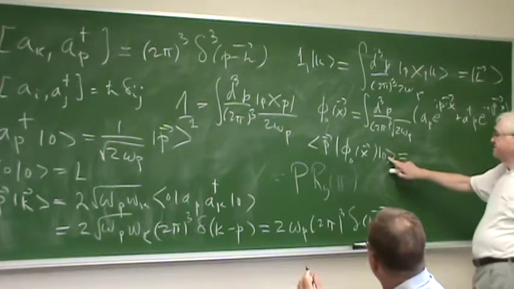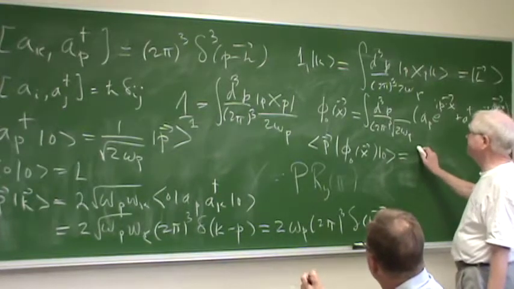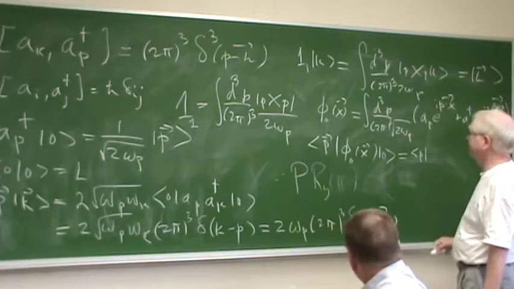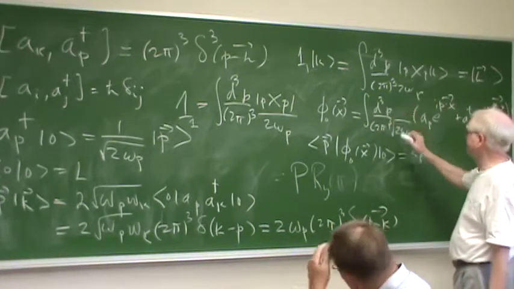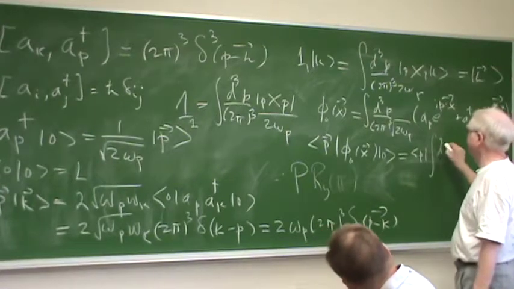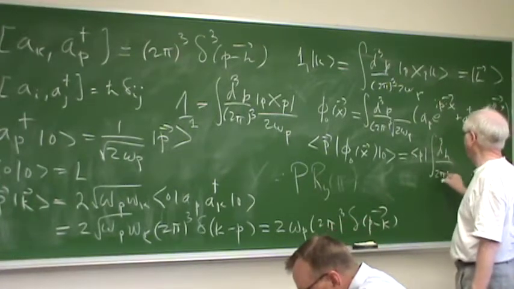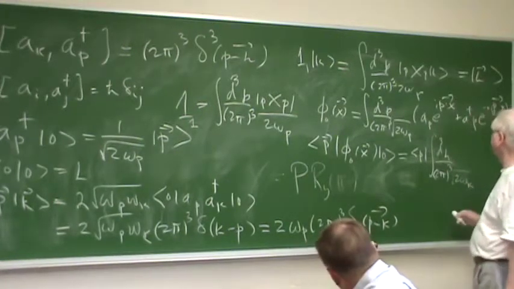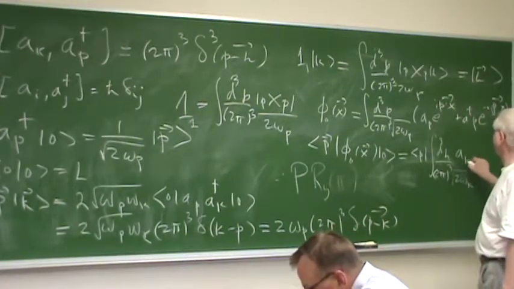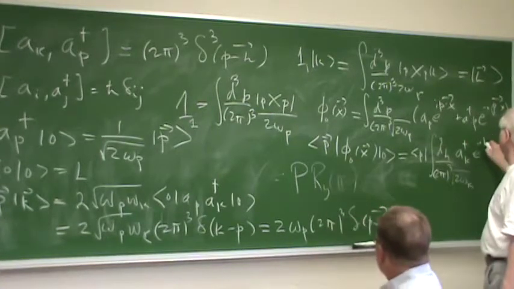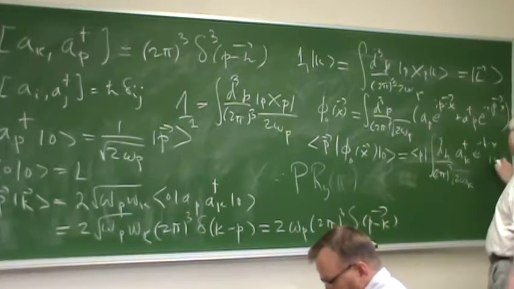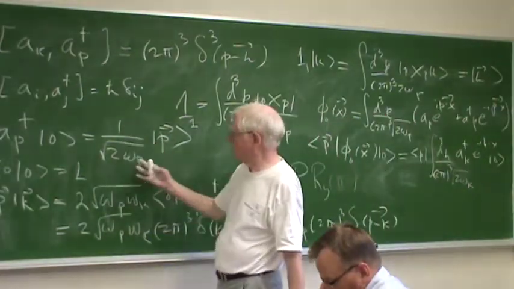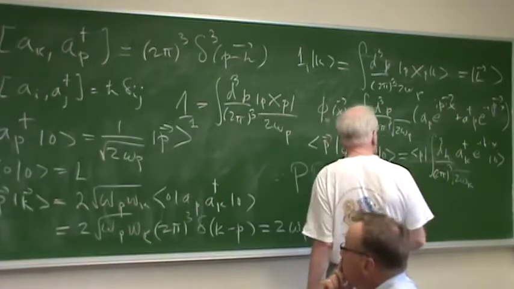So what we have then is <p|, and maybe I should call this k now, integral d^3k over (2π)^3 square root of 2 omega k, a_k dagger e to the minus i k dot x, vacuum. But now a dagger gives us 1 over square root of twice the energy times the state.